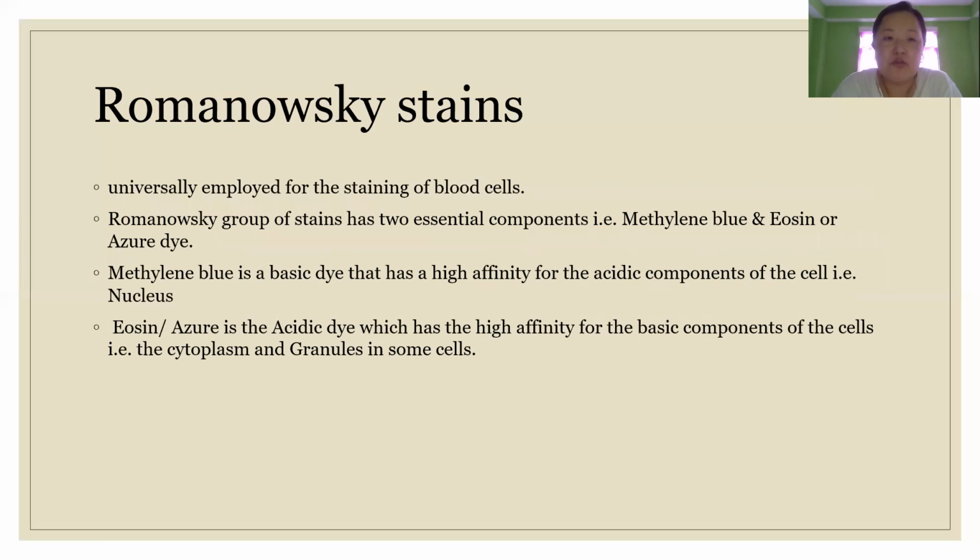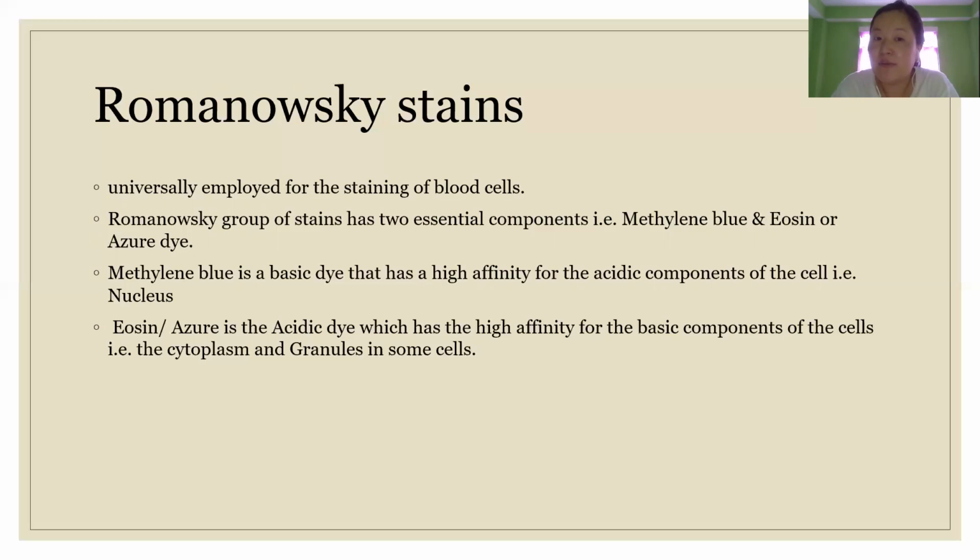To stain the various types of blood cells, we have different types of stain. The most important group of stains which we usually apply in our laboratory is Romanowsky stains. It is a universally employed stain for blood cells, and it has two essential components, methylene blue and eosin or acidic dye. Methylene blue, the most important component of the Romanowsky group, is a basic dye.